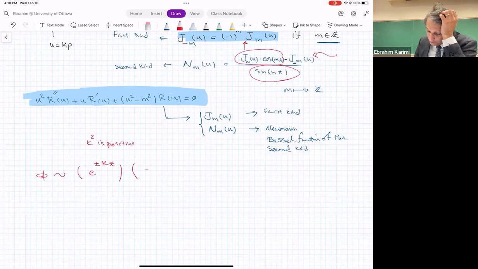The phi direction was e power of plus minus m phi, which we assume should be single valued, so then m should be an integer. And then what about the radial part? Radial part, now we do have two different solutions, either Jm of k rho, or Nm of k rho.